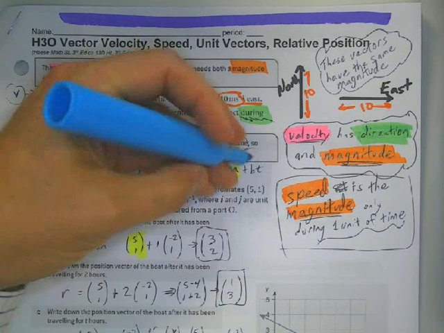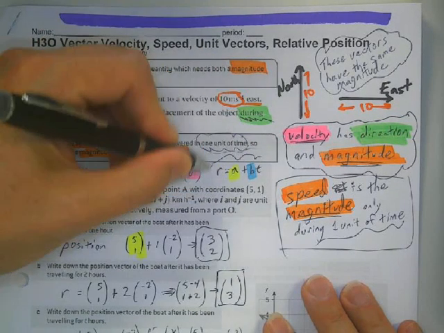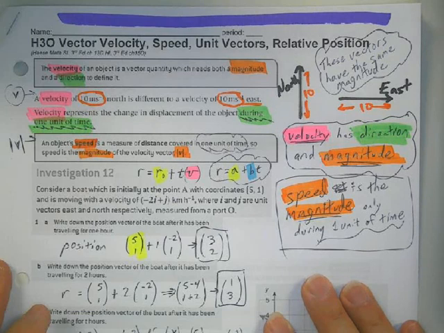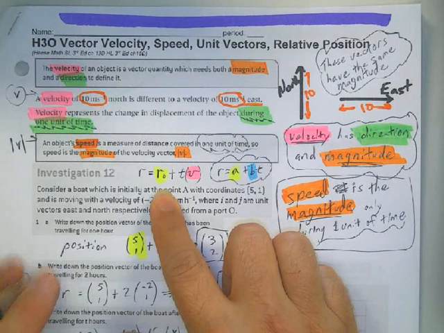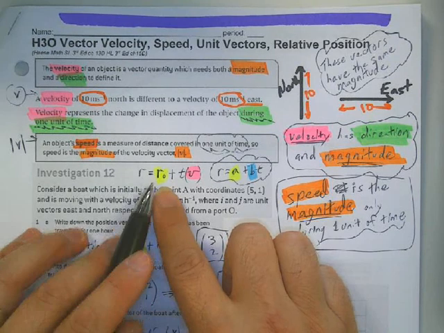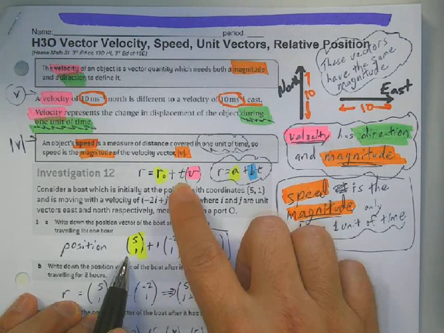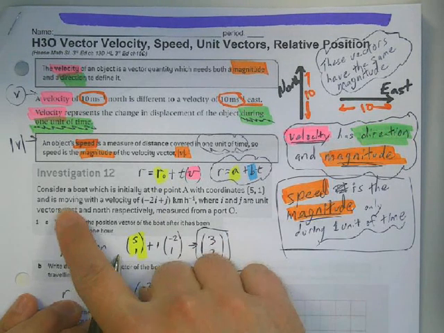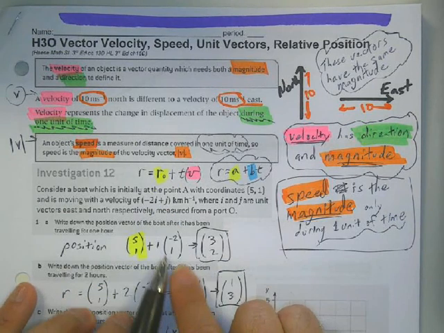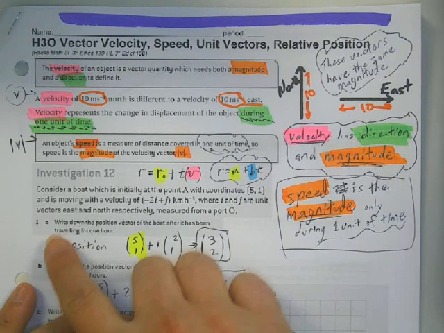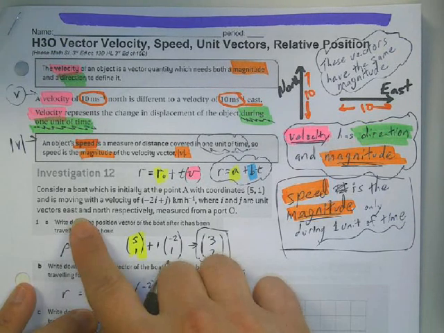We've done this in previous handouts, but now we're going to apply it with some real-world problems. So this is our initial position, 5, 1, plus t times the velocity of -2, 1, where i and j are unit vectors east and north respectively.